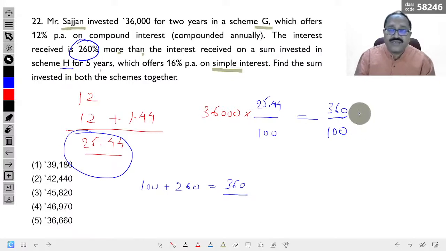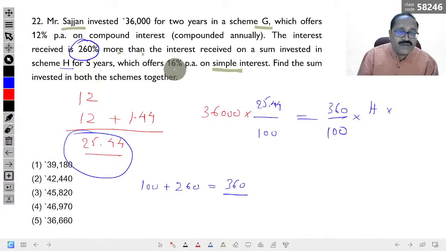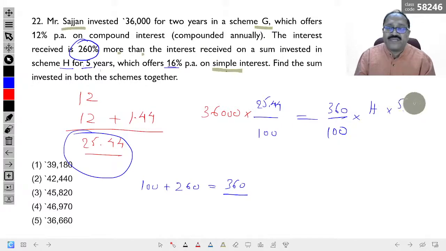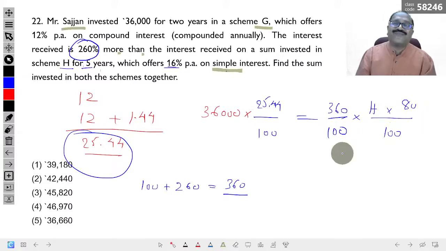And what is this interest? H is the principal and the rate of interest is 16% per annum for 5 years, simple interest. So 16 into 5 is 80. You can write it as 5 into 16, or directly write 80%. So 80 by 100. So we have got one equation.